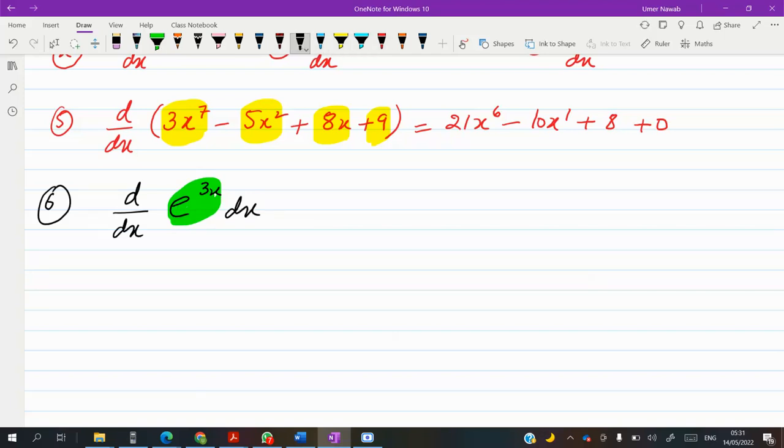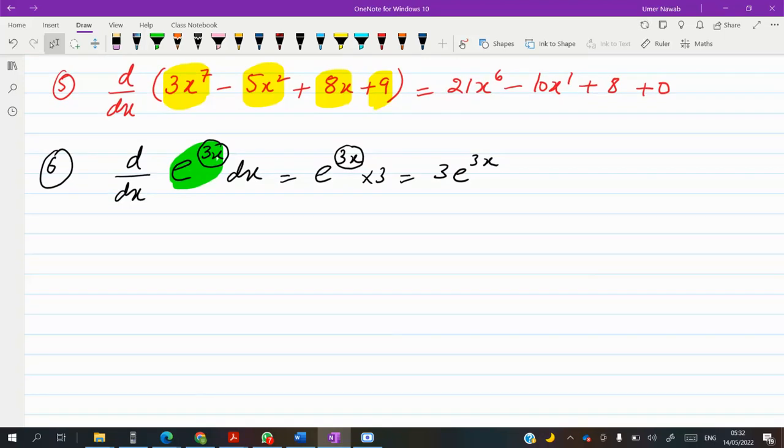So I'm going to write my answer as e raised to power 3x, but don't forget to apply the further derivative of the power. So the further derivative of the power is 3. So I can say 3 e raised to power 3x is the differentiation of e raised to power 3x. It's pretty simple.